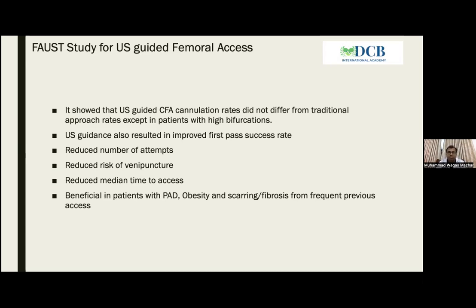Especially in the high volume centers, we tried to change our practice to ultrasound-guided femoral access, but we were quite not comfortable with this approach.